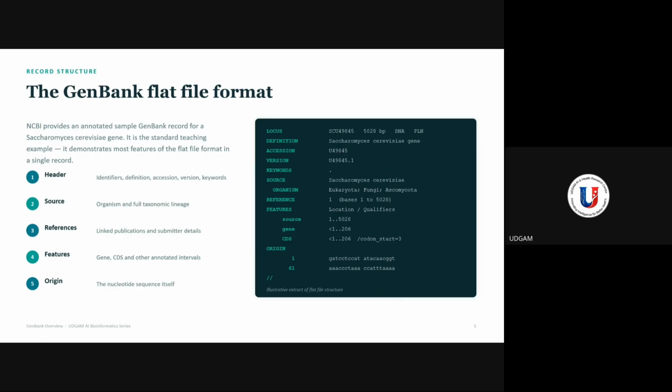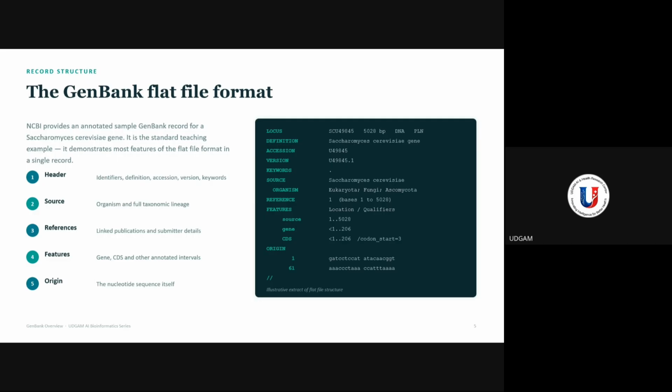So now let's take an overview of the GenBank flat file format, and after that we're going to see some live examples, live extraction from the original GenBank site. Before that, I would like to give you a short description of the GenBank flat file format.